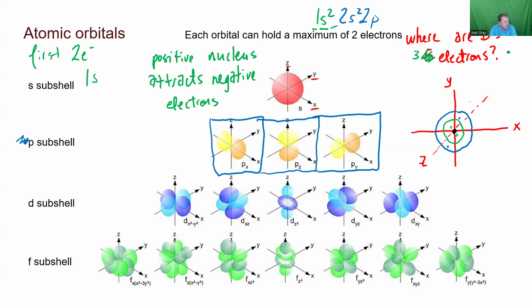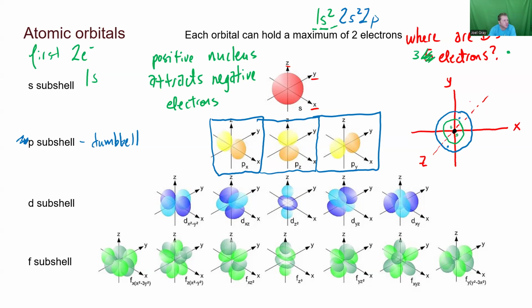Notice how this p orbital or p subshell is sometimes referred to as being a dumbbell. The reason is because it has that bulbous shape. It kind of looks like a dumbbell, where here's one weight, and here's the other weight. Okay, so that's where we get the dumbbell term.